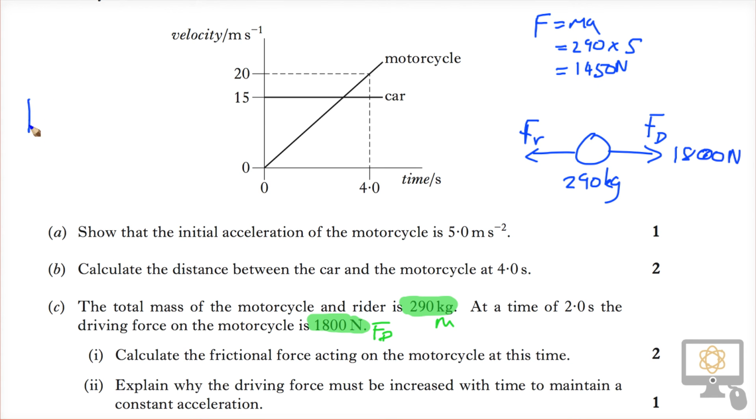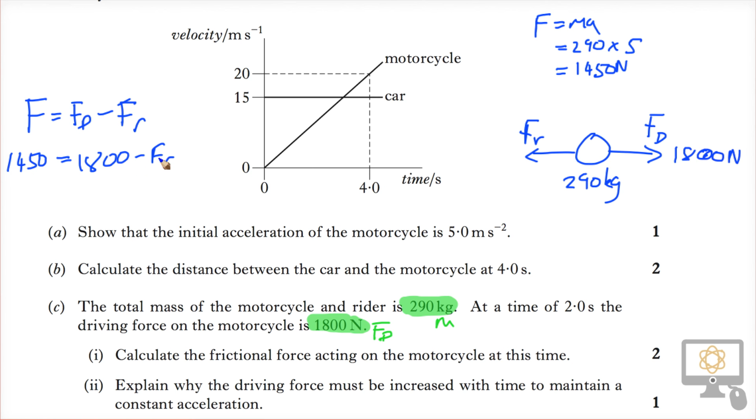So we can write that over here. The unbalanced force is the driving force minus the frictional force. And that is 1800 minus FR is equal to 1450.